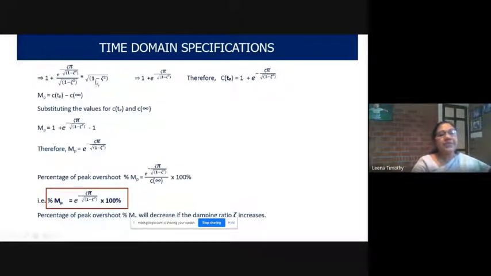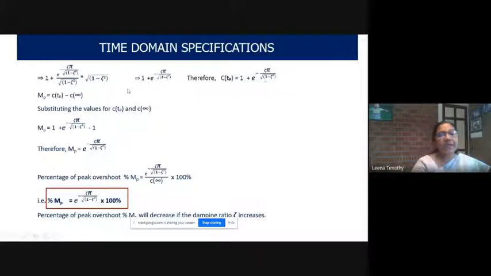Now sine phi is equal to root of 1 minus theta square from that triangle. So again this will get cancelled. Therefore C of Tp is equal to 1 plus e raised to minus theta pi by root of 1 minus theta square.